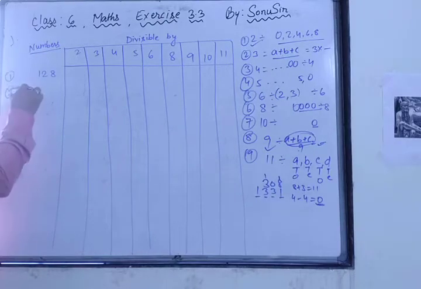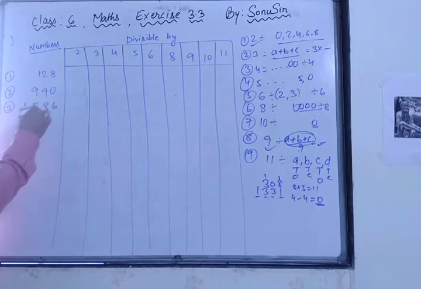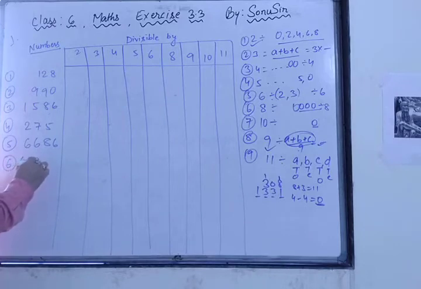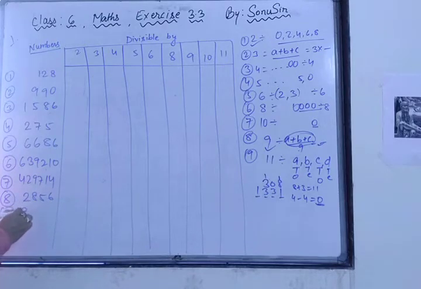First one is 128, second one is 990, third one is 1586, fourth one is 275, fifth one is 6686, sixth one is 639210, seventh one is 429714, eighth one is 2856, ninth one is 3060, and the tenth one is 406839.